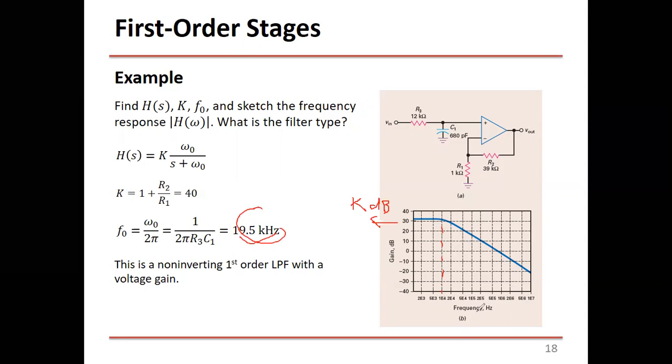This is F in hertz. So this frequency is this one here. And how much does this decay? It's minus 20 dB per decade. Okay, so this is an example of a first order low pass filter.